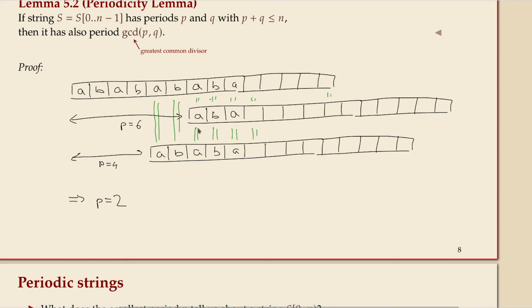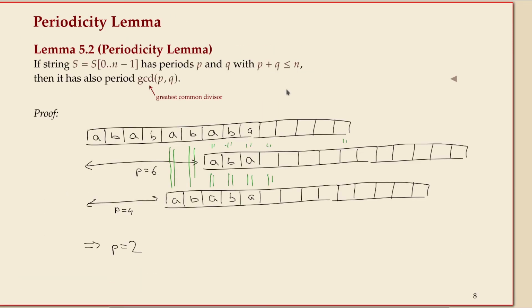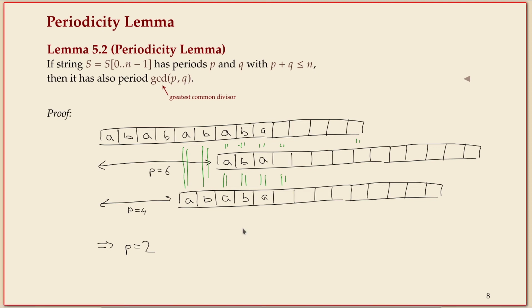As I said, this is not a proper proof of this statement because it's only shown on this example. But that's the essence of what's happening. And I don't think the formal proof in this case is really insightful.